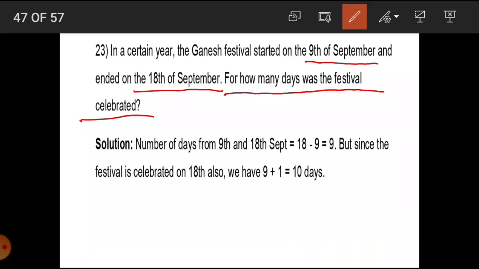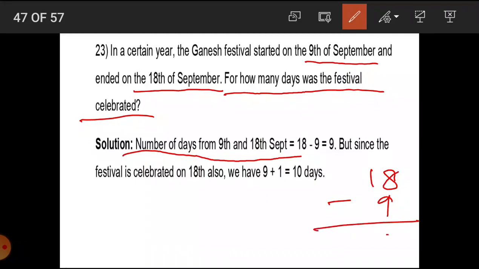We have to find for how many days this festival was celebrated. First, the number of days is from 9th of September to 18th of September, which means we are going to do 18 minus 9. So 18 minus 9 is 9, correct? So that means it is 9 days.